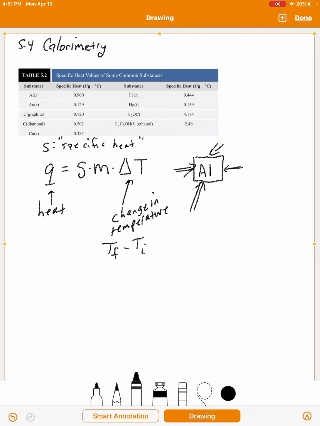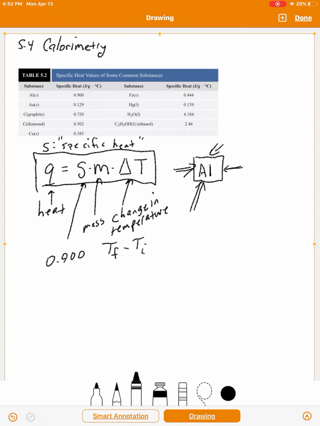So let's say, for example, the aluminum block is at 20 degrees C, room temperature, and then heat is transferred and it goes up to 25 degrees C. That would be a change in temperature of 5 degrees C. Now, if we measure the mass of the aluminum block, and we look up the value of its specific heat, which in this table is 0.900, that allows us to calculate how much heat was transferred into the aluminum block.